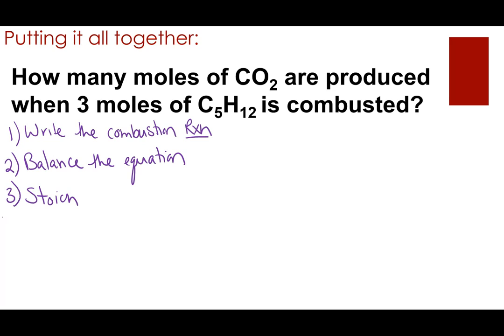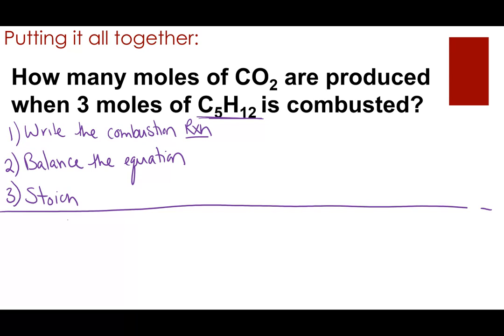So first things first, let's get the combustion reaction on the paper. So combustion reaction, hydrocarbon. So we're always going to be given the hydrocarbon. That's something that'll just be in the problem. So hydrocarbon reacts with. So in a combustion reaction, what does hydrocarbon always react with? Oxygen.